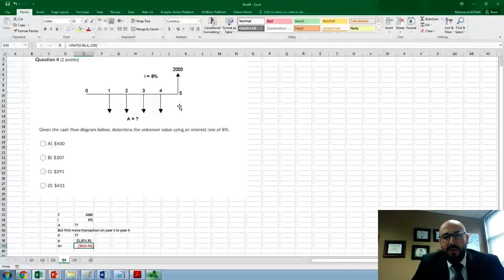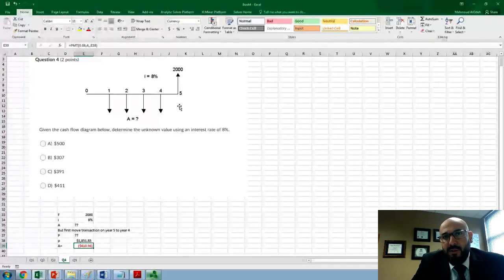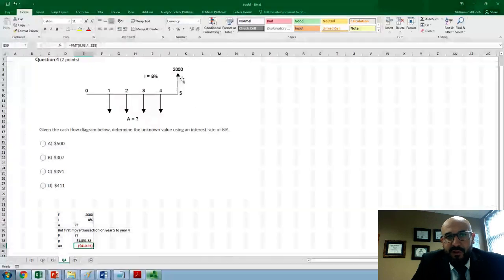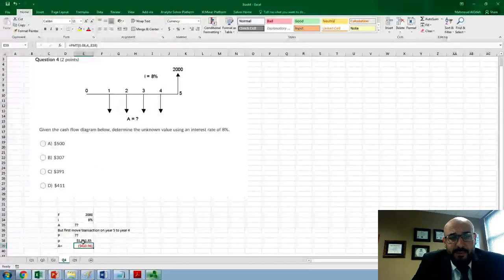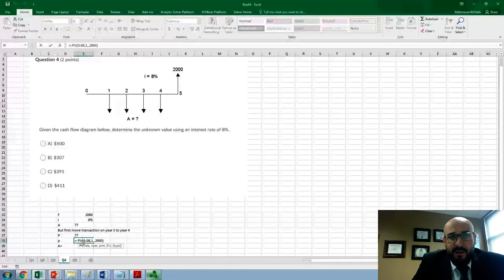However, there are two different ways to find a solution for this. The first method is to move this transaction in year 5 to year 4. So the 2,000 is a future value. If we're going to move it to year 4, that would be a present value. So I found the present value for this 2,000 on year 4.